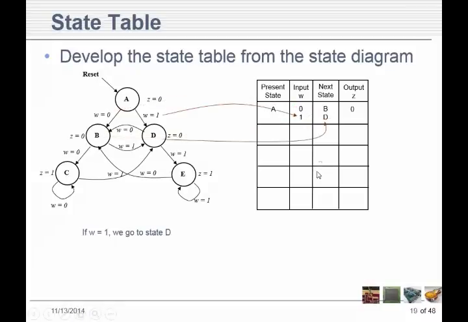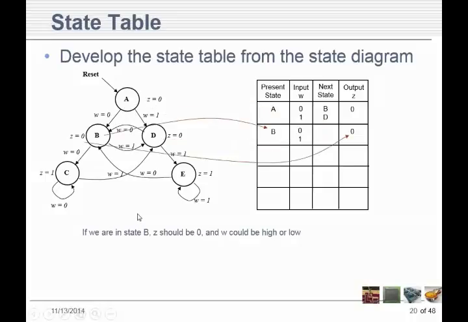If my input was 1, I would go to state D. Now, I'm not saying anything about the outputs here because the outputs are associated with the current state. So we got to go to that state before we start writing anything about the outputs. But at least we've got state A, a transition, and this output taken care of.